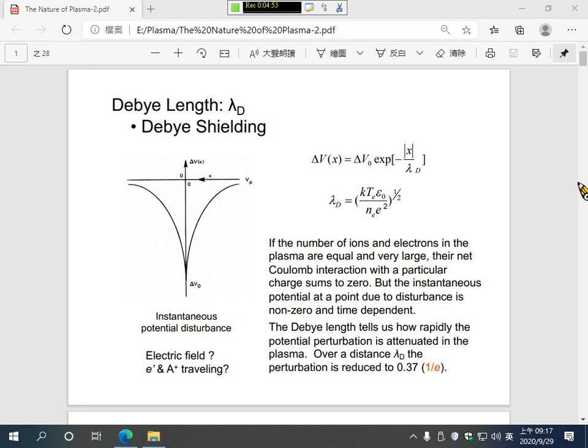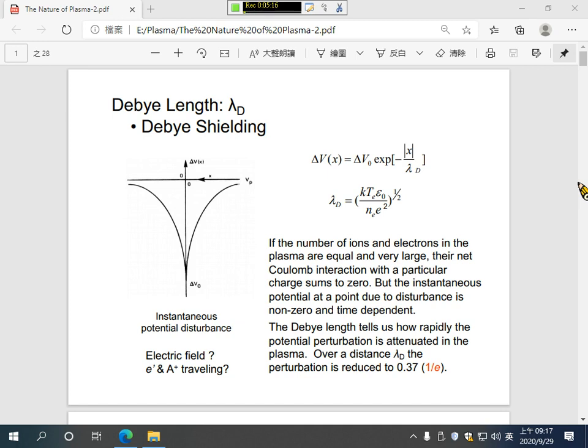So if the electrons or ions travel far away from this individual negative charge or individual positive charge, they will not be attracted or repelled by it.